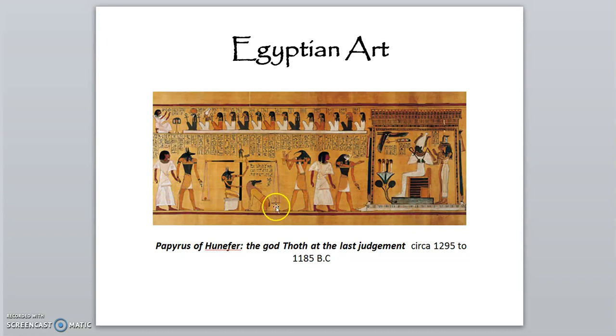His heart will be weighed against a feather, and if he led a good, clean, moral life, the heart would weigh less than the feather. Of course, that is the case here, and he will move into further realms of the afterlife, and encounter higher deities within the underworld and the afterlife.